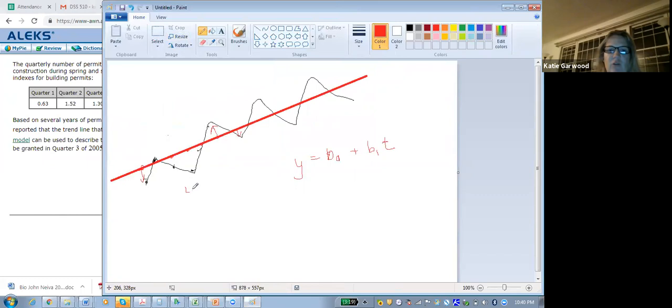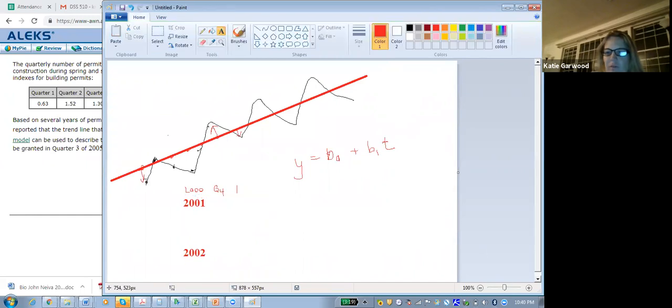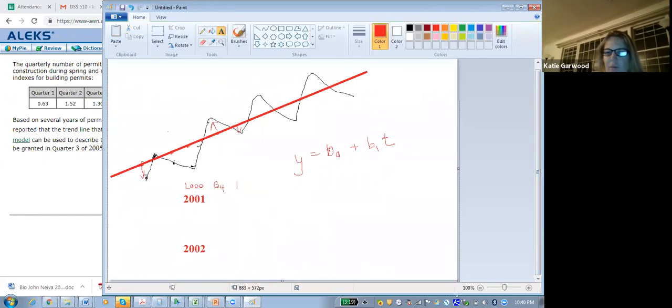So we have year 2000, and in year 2000, we have quarter 4, and that's time period 1. Now, after that, we're going to have 2001, 2002. We're going to need to go down further and further.